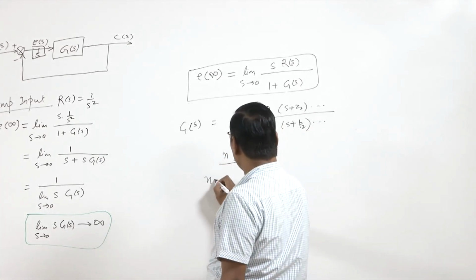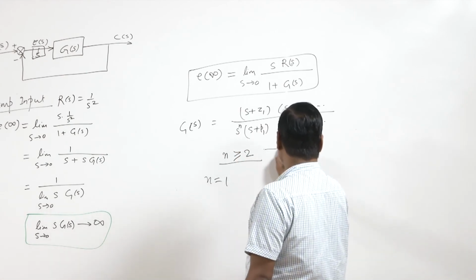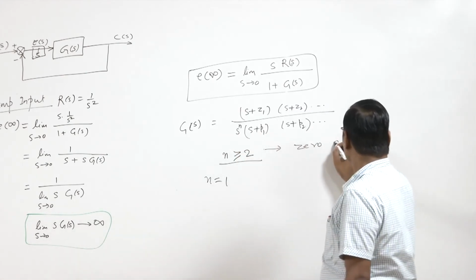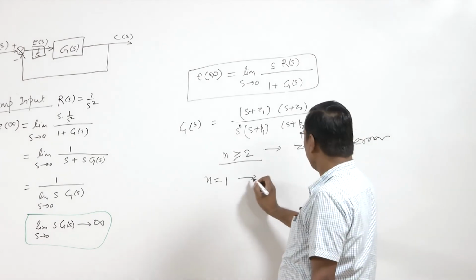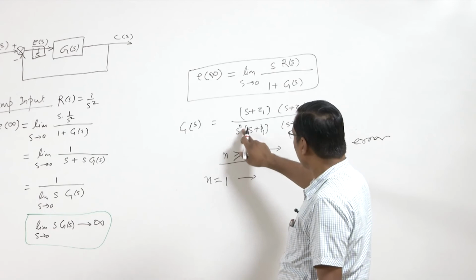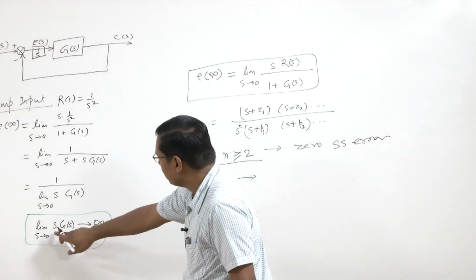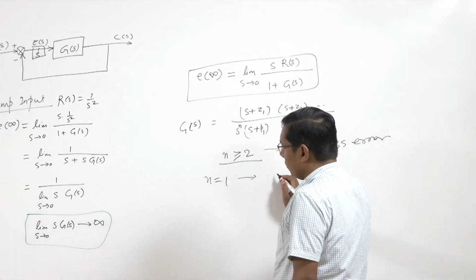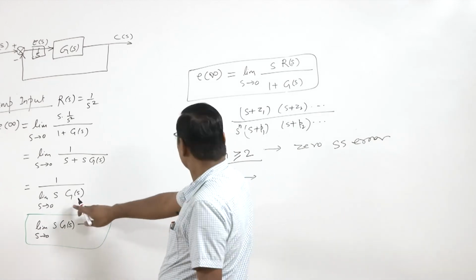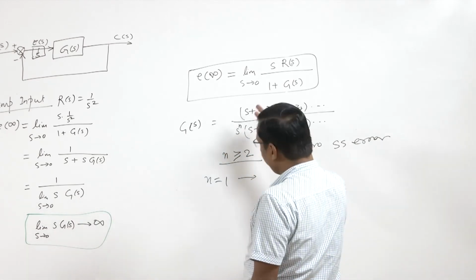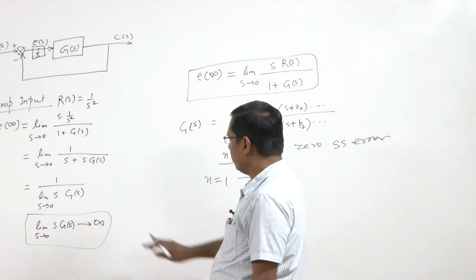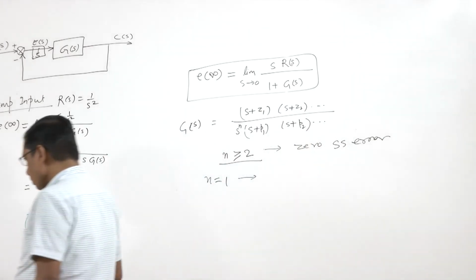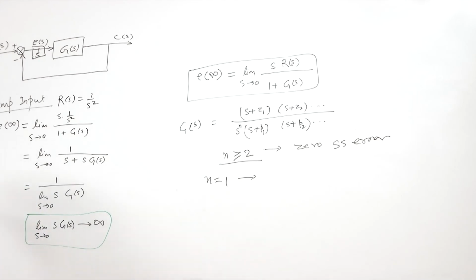So if n is greater than or equal to 2, we will get 0 steady state error. If n equals 1, this s will cancel out with this s, and we will get p1 p2 p3 upon z1 z2 z3, a steady state error.